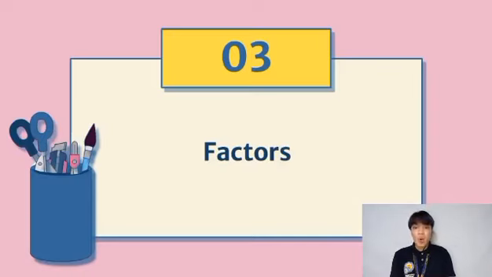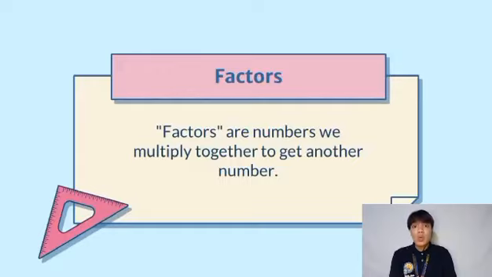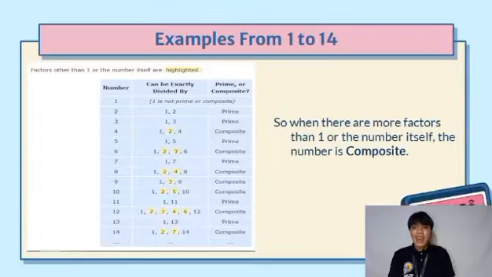And now, let's talk about factors. We can also define a composite number using factors. Factors are numbers we multiply together to get another number. And as you can see in this picture, it is the list of numbers 1 to 14 and their factors.